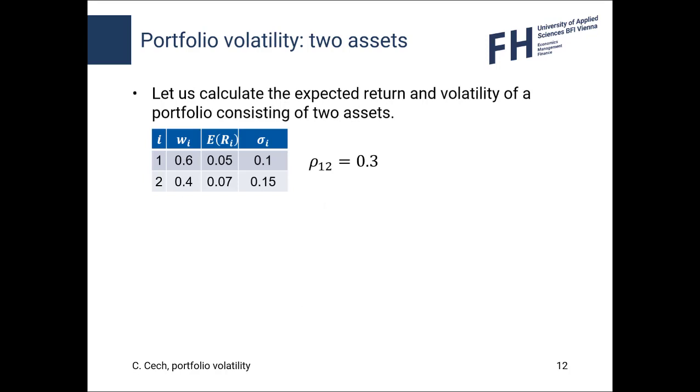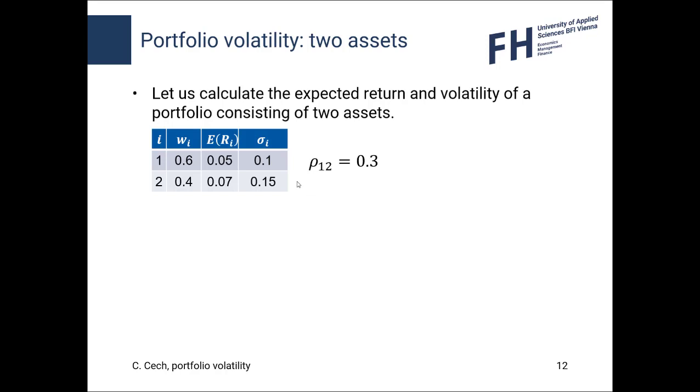Let us apply the formulas that we have learned so far in this example. We have a portfolio that consists of two assets, asset 1 and asset 2. The portfolio weights are 60% and 40%. The expected returns are 5% and 7%.